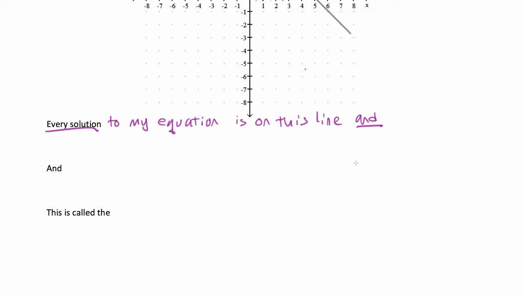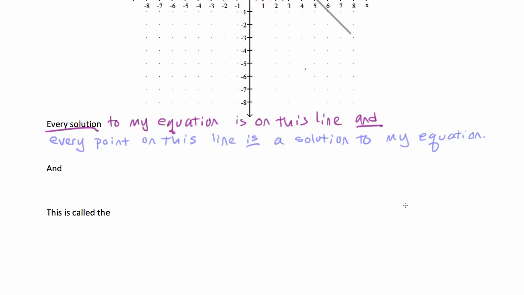And every point on this line is a solution to my equation. That is a huge deal.